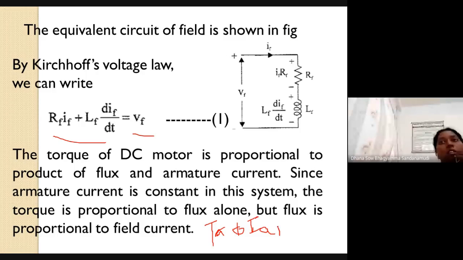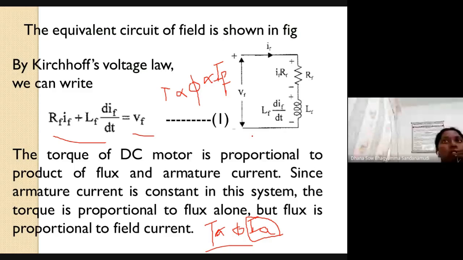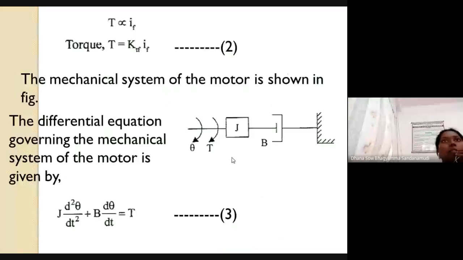Here the armature voltage is constant, so the armature current is also constant. So torque is directly proportional to flux here. Flux is proportional to the field current, so as the field current varies, flux will vary.